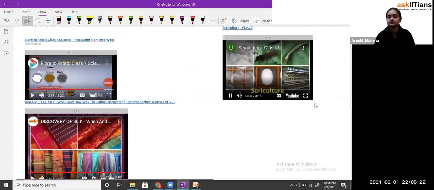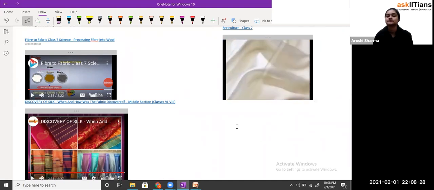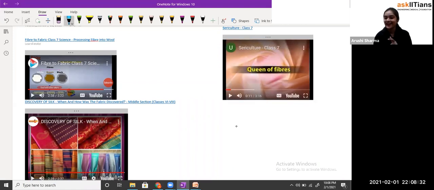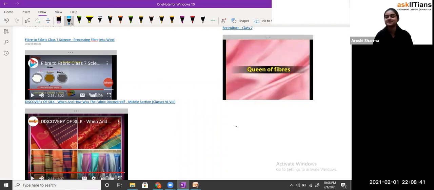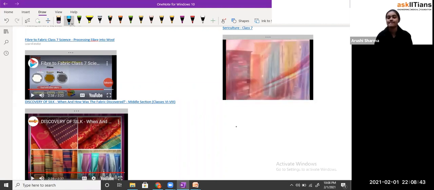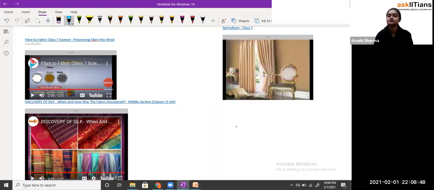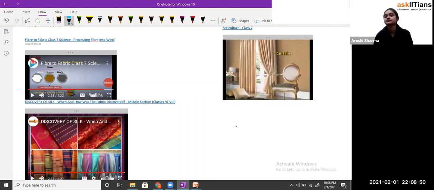Sericulture. In this module, you will learn about sericulture. Silk is a fabric with an attractive luster and drape called the. Are you attracted to silk? Just tell me, like silk. So you can see it's the Queen of fibers. Oh my god. Queen of fibers, it is used not only to make beautiful clothing, but also for upholstery and soft furnishings such as curtains, cushions, and wall coverings.